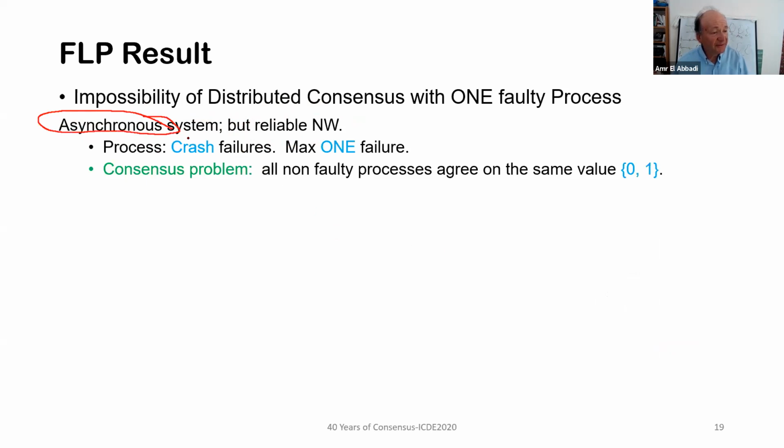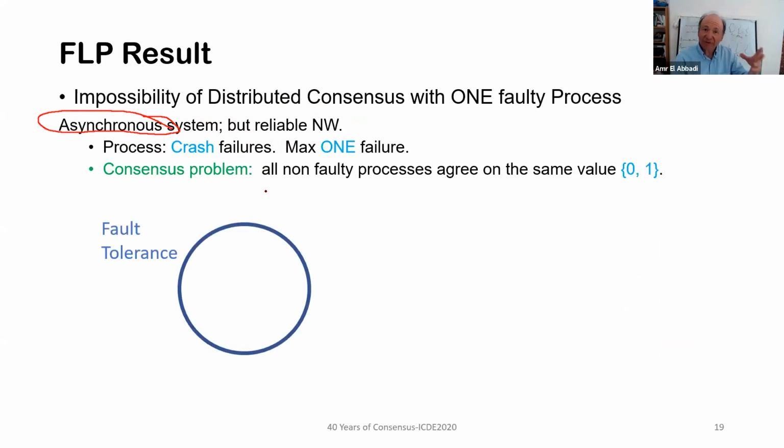Since this is an asynchronous system, the impossibility result tells me that consensus is impossible. Consensus is basically that all the non-faulty processes agree on a value, 0 or 1, nothing could be simpler.